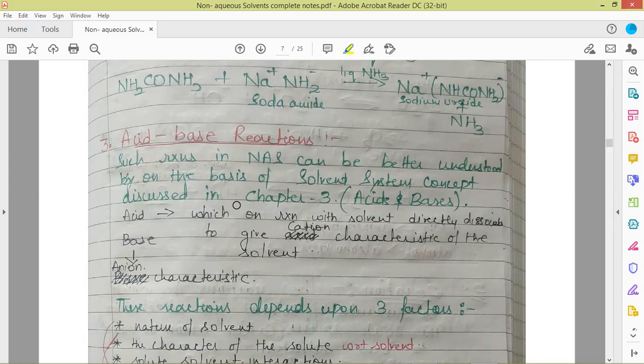The solvent system concept was given by Cady and Elsey, where acids were the substances which produce the cation characteristic of the solvent, and bases were the substances which produce the anion characteristic of the solvent.